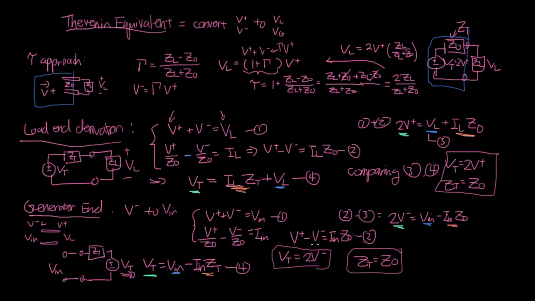What you do is you draw the equivalent circuit, which is a source equal to 2 times the voltage wave that's going in this exiting direction, and then a source impedance equal to the characteristic impedance of the transmission line. And then once you solve the circuit, the output will tell you what this load sees as a result of that voltage wave that's exiting the transmission line.